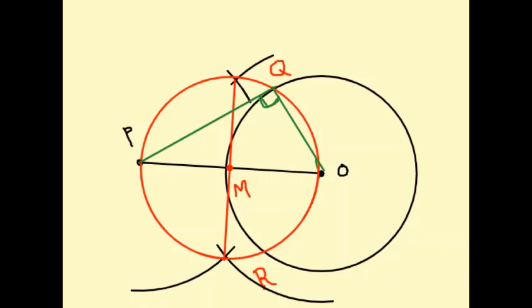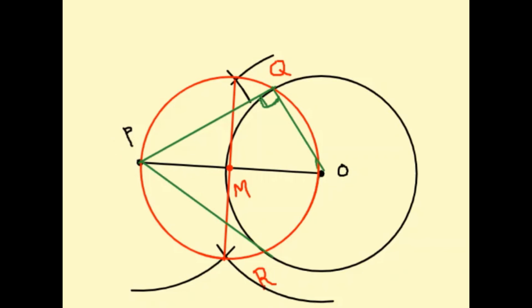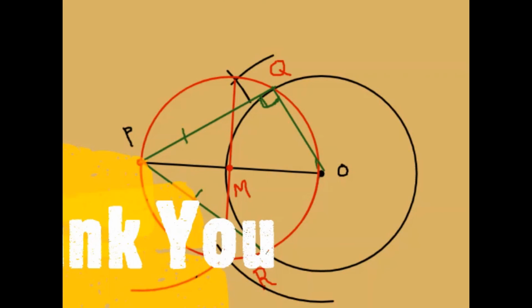Similarly, if you join PR, it will become the second tangent to the circle with center O from point P. So PQ and PR are the two tangents to the circle with center O. Thank you.